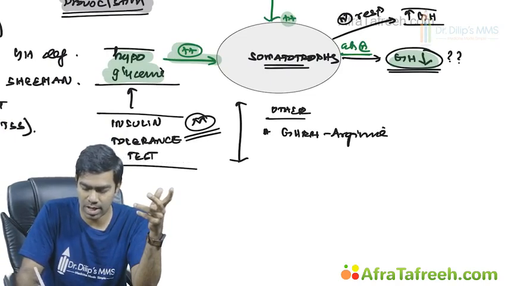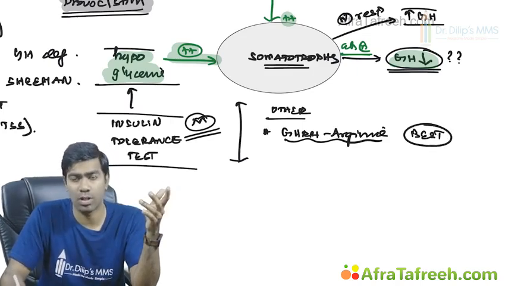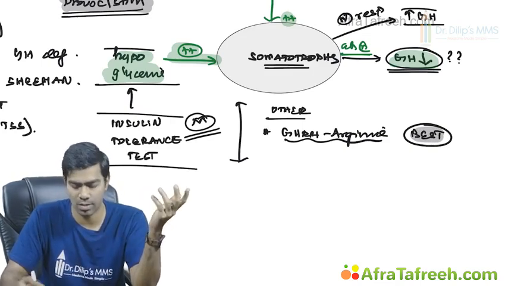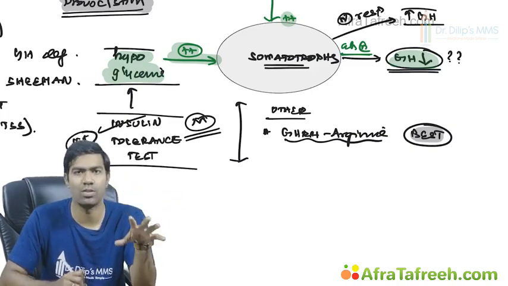Usually this GHRH arginine test is supposed to be the best test for detecting growth hormone deficiency, but it is a little bit costly and not available in all areas. That is why the insulin tolerance test is the first test that is preferred, and it's also a gold standard test.